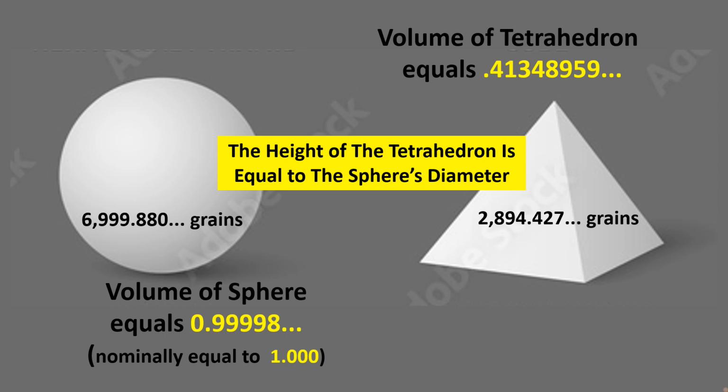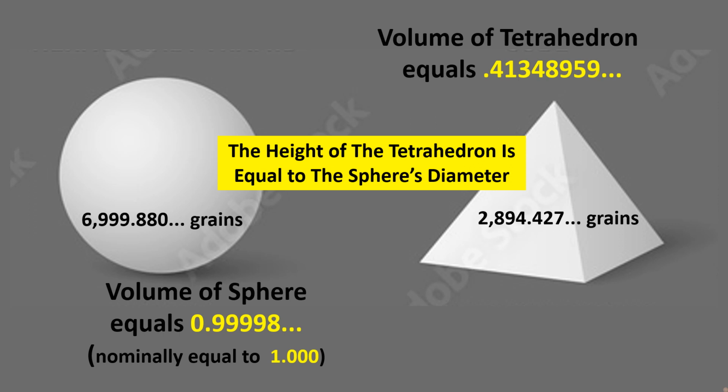Now, we can also illustrate this another way by going back to the tetrahedron's volume in grains. We saw previously that it contains the 10 decahedronal portions of a troy ounce, giving it 2,894.427 grains.